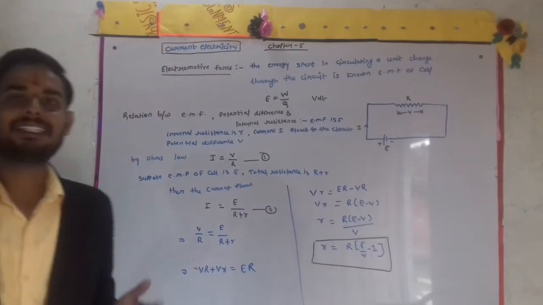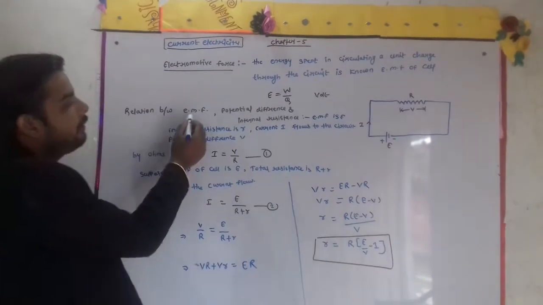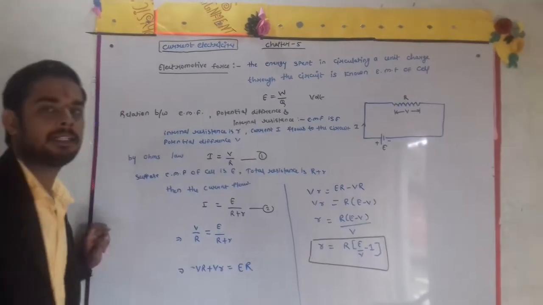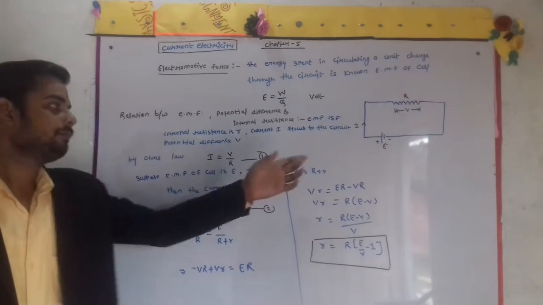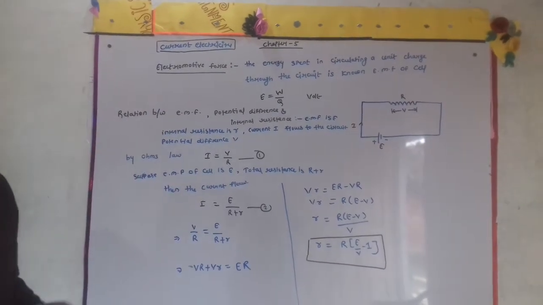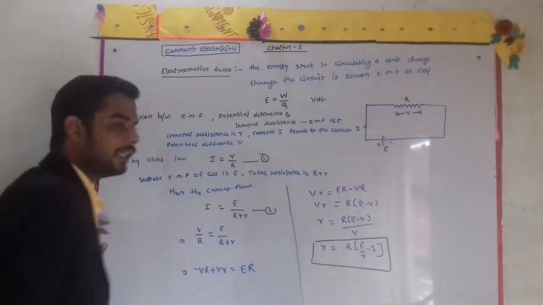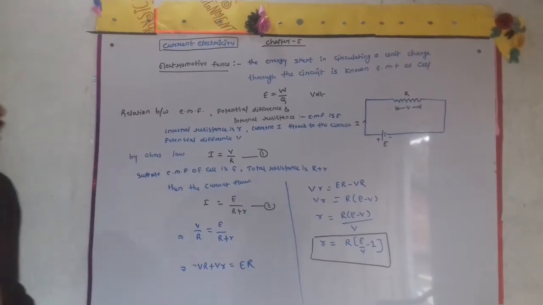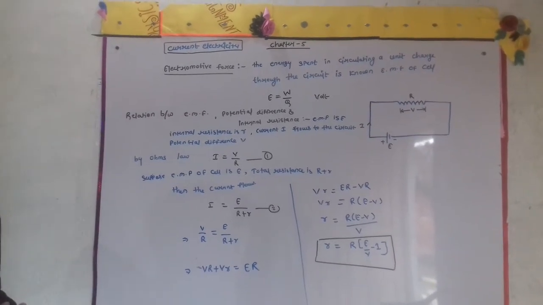Now we will see the relation between EMF, potential difference and internal resistance of a circuit or cell. First we will discuss the diagram.